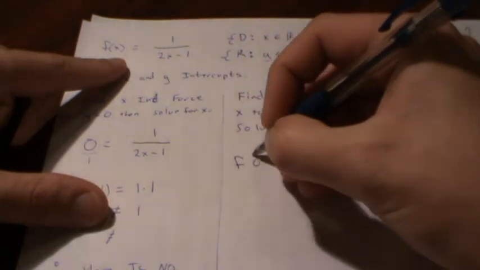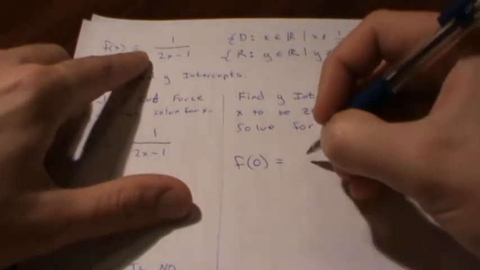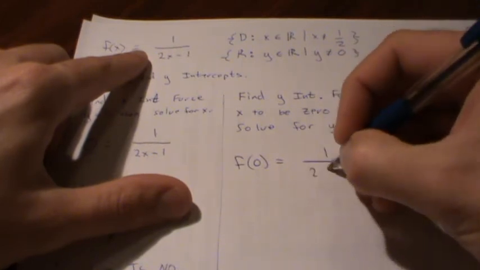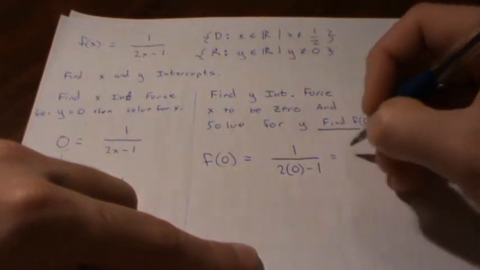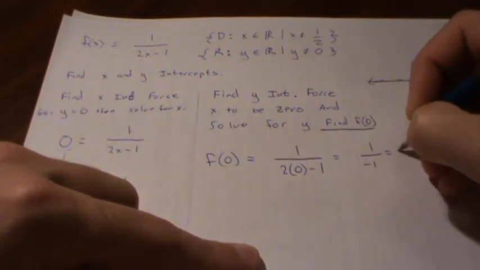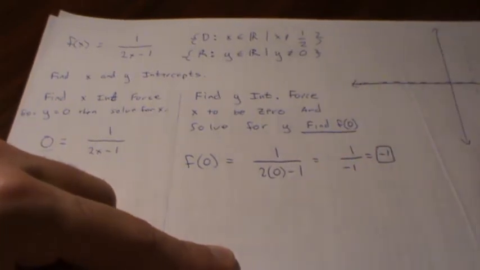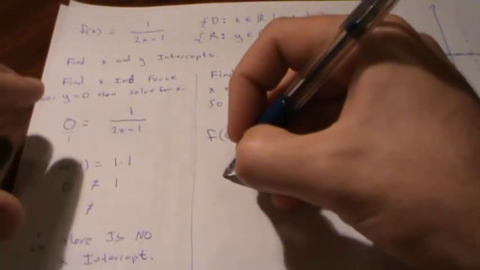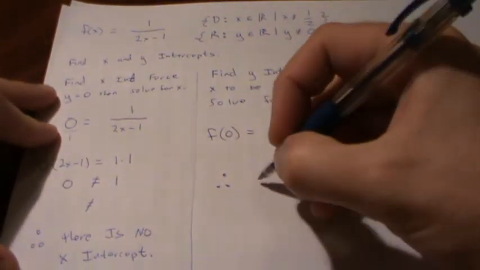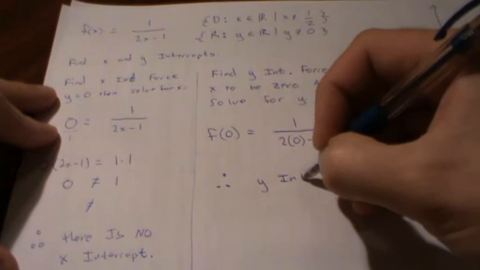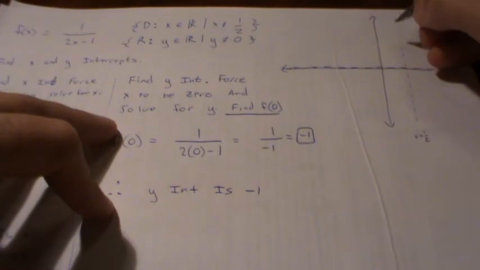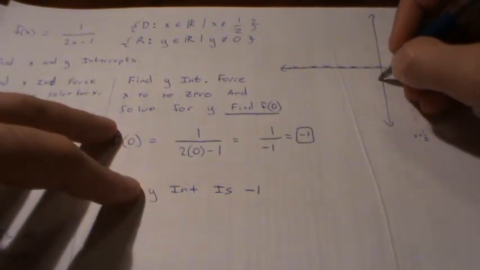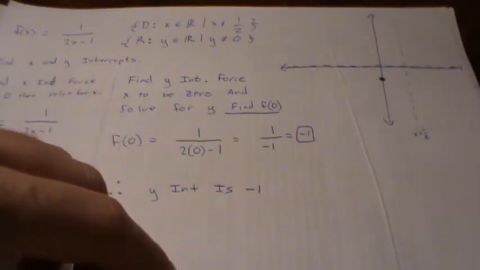In this case, f of 0 is equal to 1 over 2 times 0 minus 1. And I find that it's 1 over negative 1, or negative 1. So my y-intercept is negative 1. And so I'm going to put down a y-intercept of negative 1. Alright?